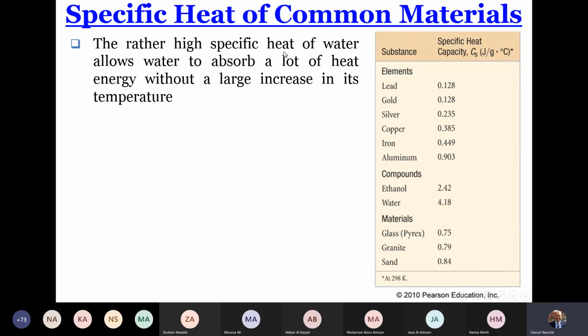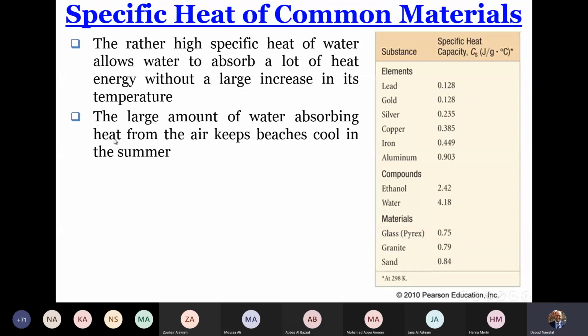When the specific heat capacity increases, that means the substance absorbs a lot of heat without a large increase of its temperature. For this reason, the large amount of water absorbing heat from the air keeps it cool and does not change the temperature. So water can receive a large value of energy in order to increase its temperature by delta T.